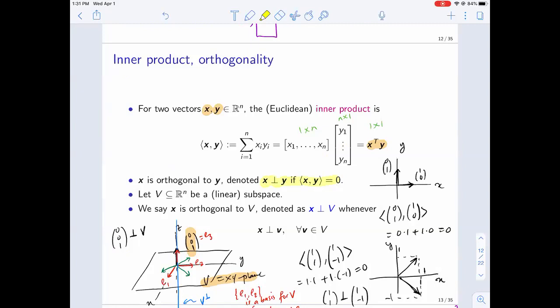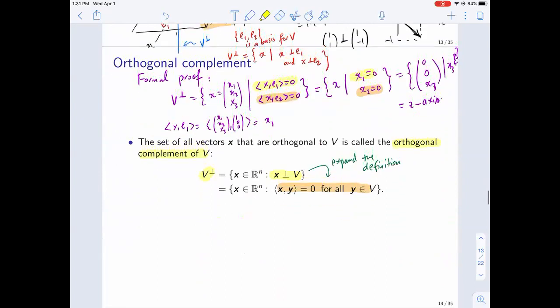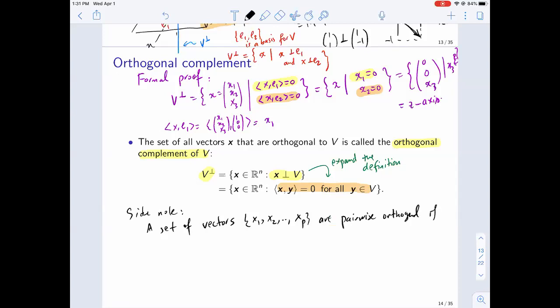Now we say that a set of vectors x1, x2, ..., xp are pairwise orthogonal if the inner product of xi and xj is 0 for i not equal to j. So if you take any two distinct vectors, the inner product is 0.